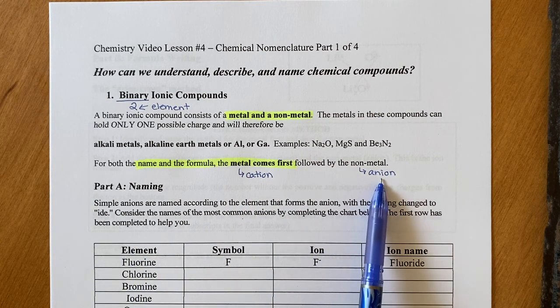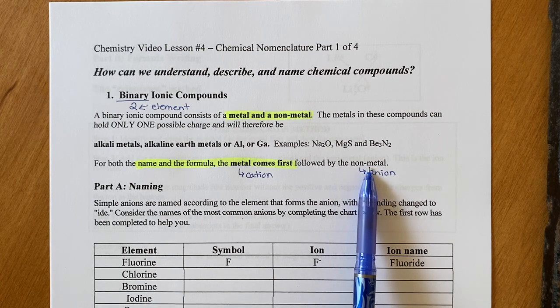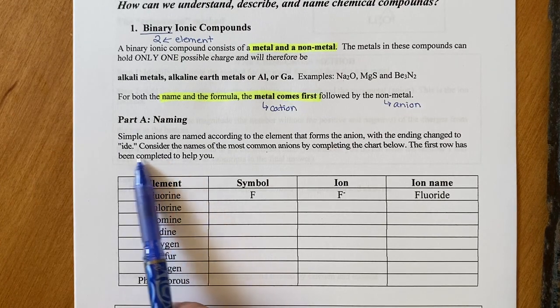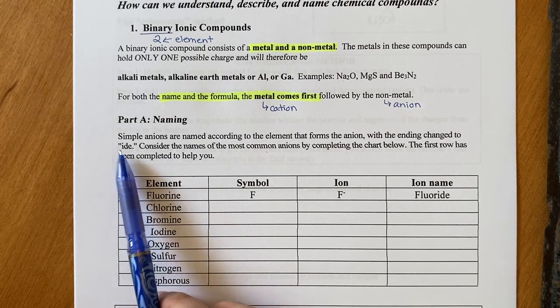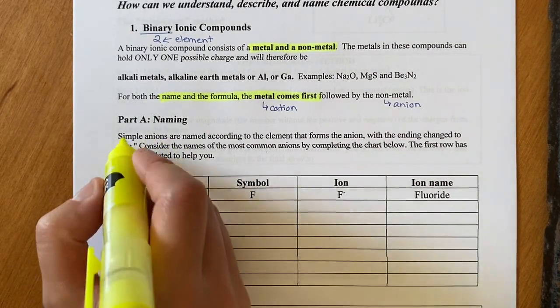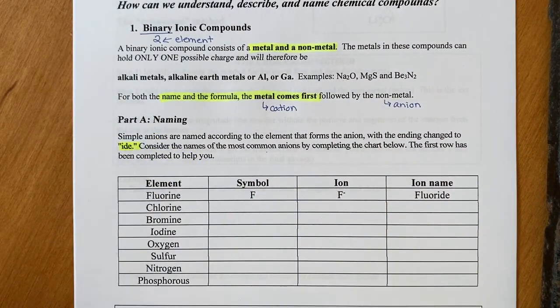The anion part, so the nonmetal, will have a slightly different name, okay? And so the way that we name the ions is we change the ending to "ide." So here we call these simple anions because they're a single element. So think of simple as being like sort of the basic possibility, so only one element.